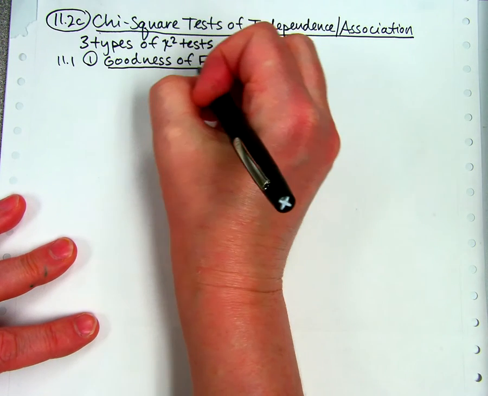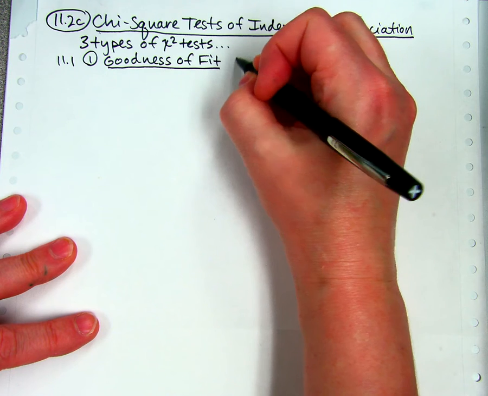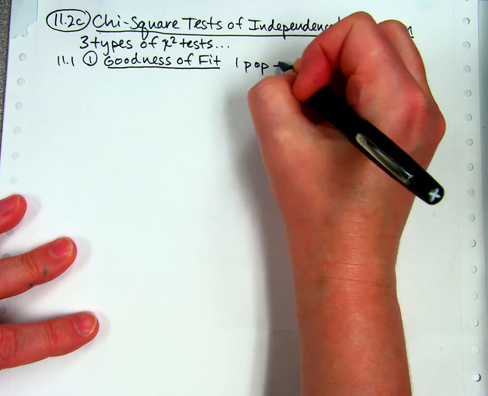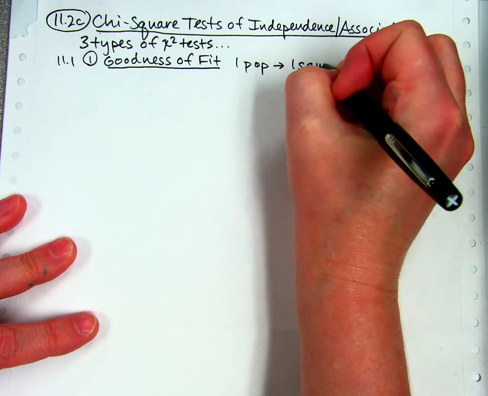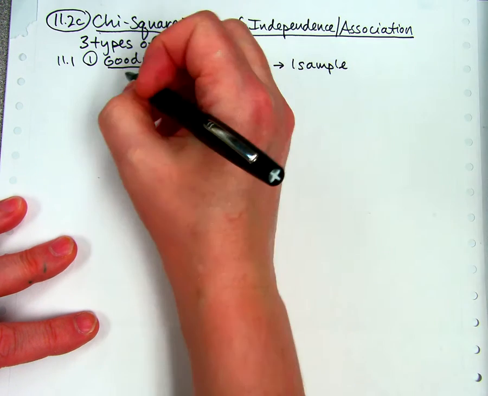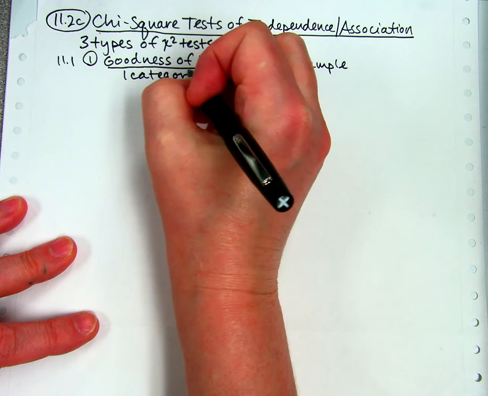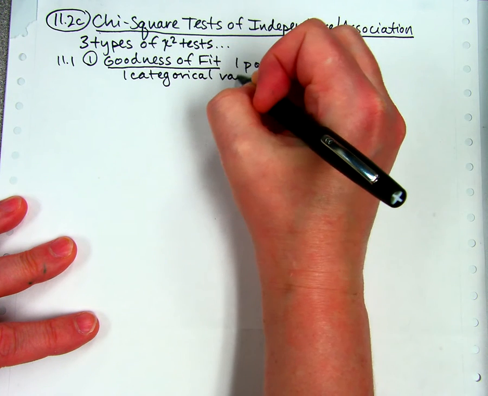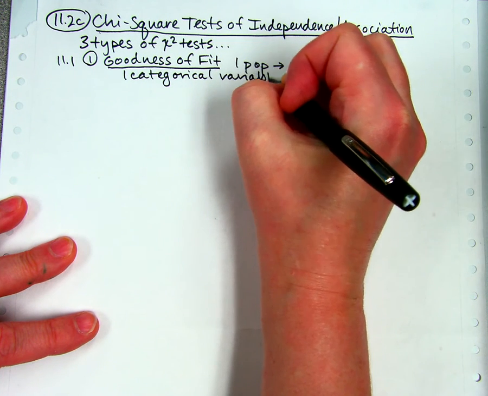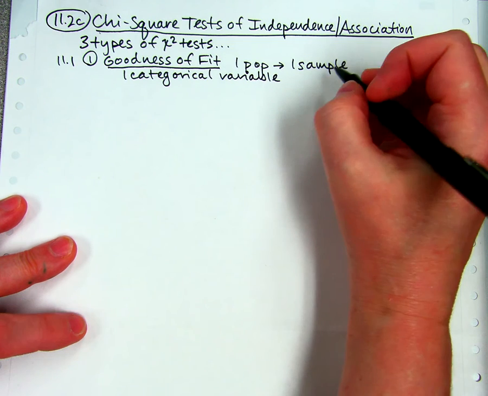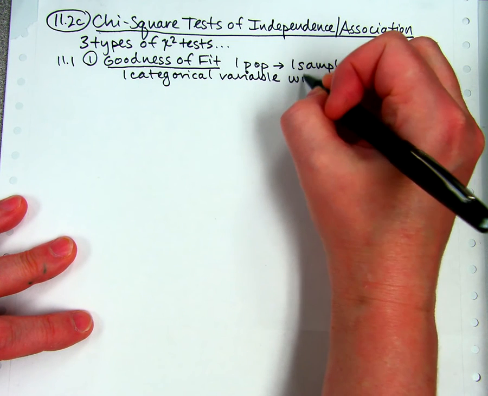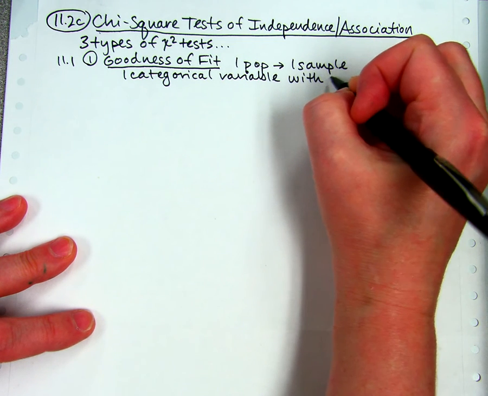So goodness of fit happens when we have one population and one sample from that population. We have one categorical variable. And the only way that this is different from chapters 8 and 9 is we allowed it to have many categories instead of only one category.